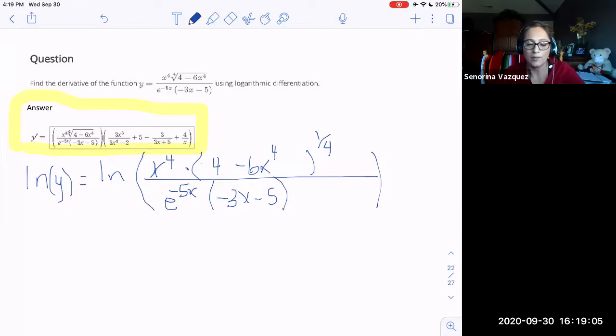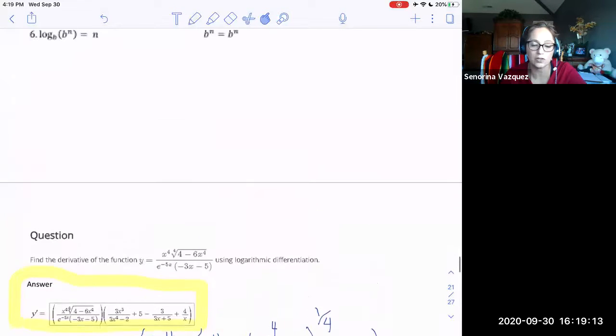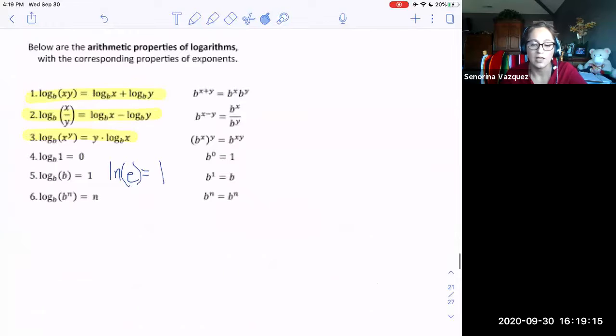Okay, now remember that step 2 is to expand as much as possible using these rules. So let me translate to you what the rules meant for logarithms. This rule here, and we're going to go in order. So rule 1 and rule 2.